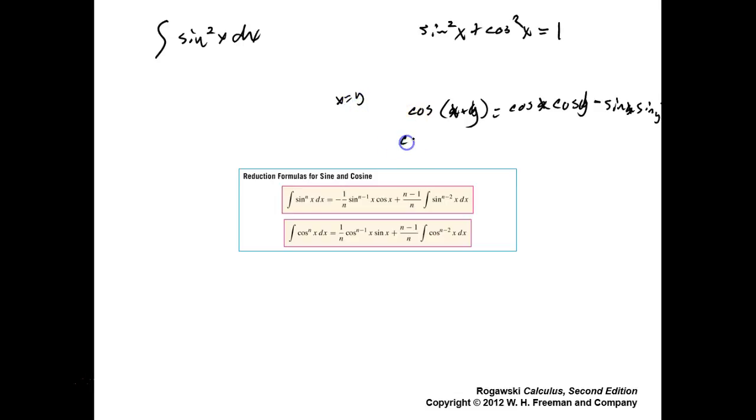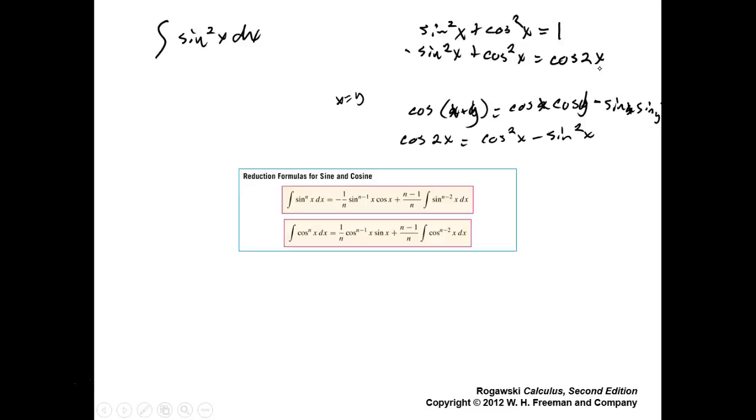Okay? What if x is equal to y, or y is equal to x? Then this could be cosine of 2x, right? X plus x is equal to cosine squared x minus sine squared x. Ha! Okay? Well, let's go up here and rearrange this a little bit. This is minus sine squared x plus cosine squared x is equal to cosine 2x.